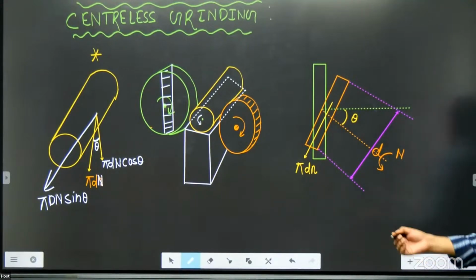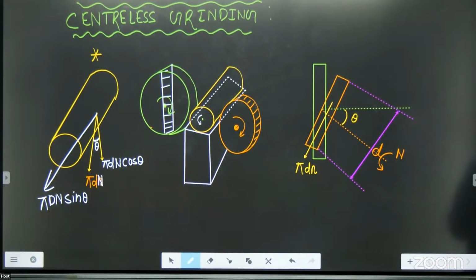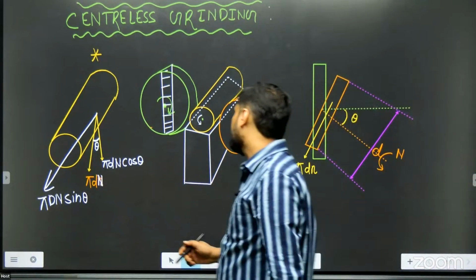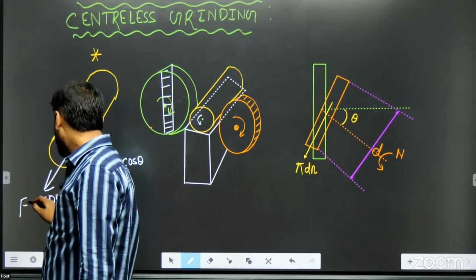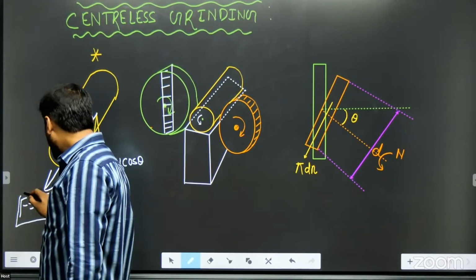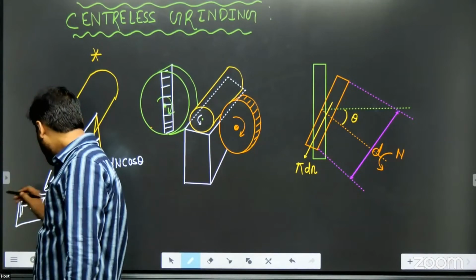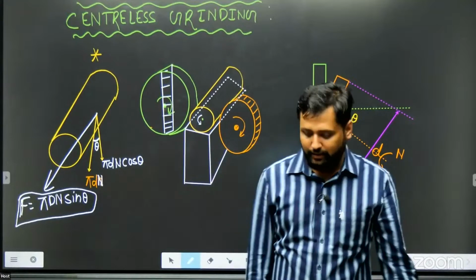Because of this angle between the two wheels, because of this angle of the regulating wheel, the workpiece will get an automatic feed of pi d n sin theta.